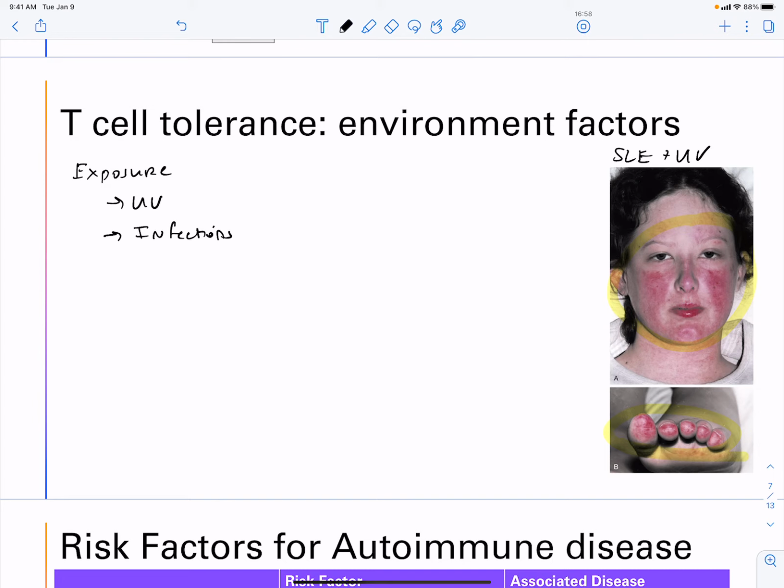Now, with respect to infections, you have to keep in mind that during an infection, you have APCs that see danger signals, and they are going to upregulate CD80, which is going to be for signal 2. Now, you also have expression of self and pathogen peptides.